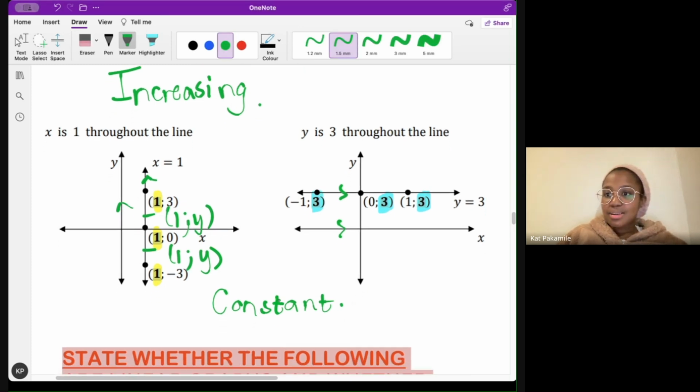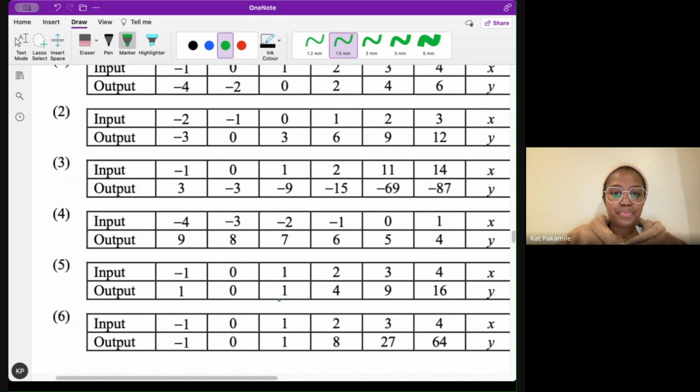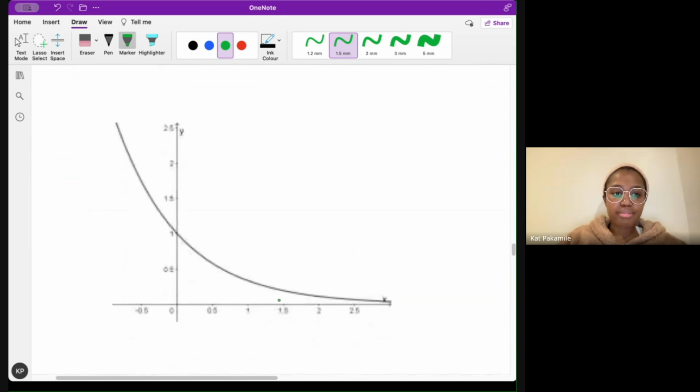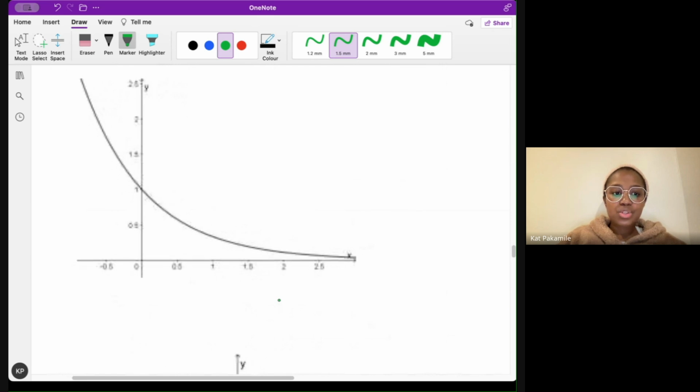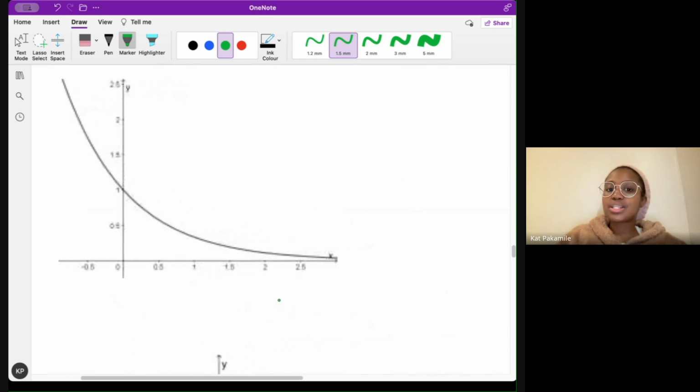All right, great, guys. Now we're going to come back to the stuff. We are supposed to state if it's increasing, decreasing, or constant, and whether it's linear or not. Let's start with linear. Is the graph that you can currently see here a linear graph or a non-linear graph? It is non-linear.